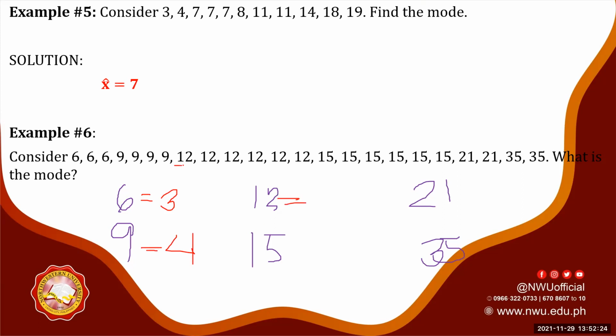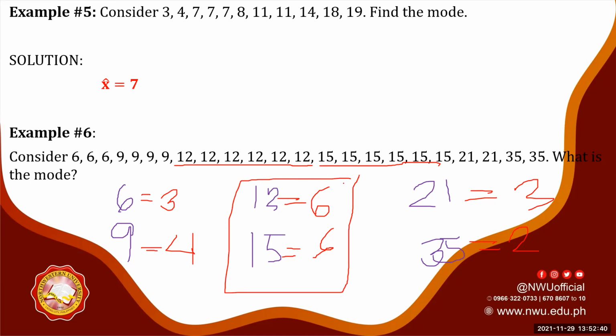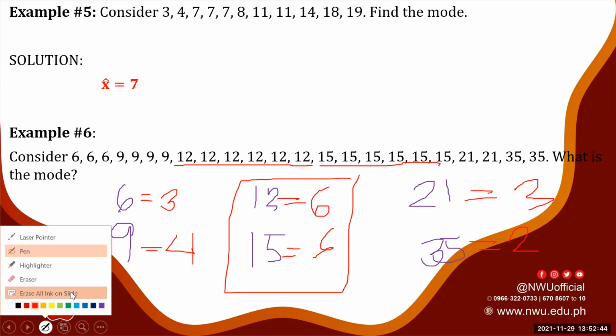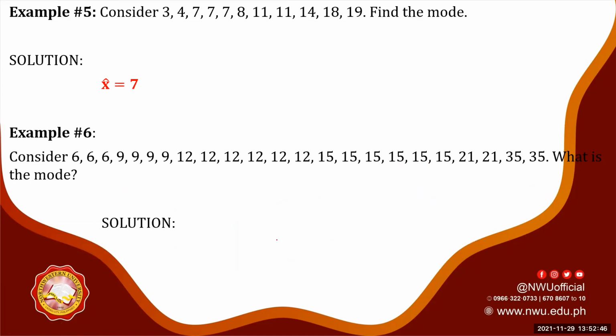Yung 12 mo, meron kang 6. Yung 15 mo, meron ka ding 6. Your 21, dalawa lang. Your 35, dalawa lang rin. As you can see, magkapareho yung bilang ng 12 and 15. And sila yung may pinakamaraming bilang. Therefore, ang mode ng inyong data here is just 12 and 15. And this is an example of a bimodal. Meaning, dalawa ang kanyang modes.